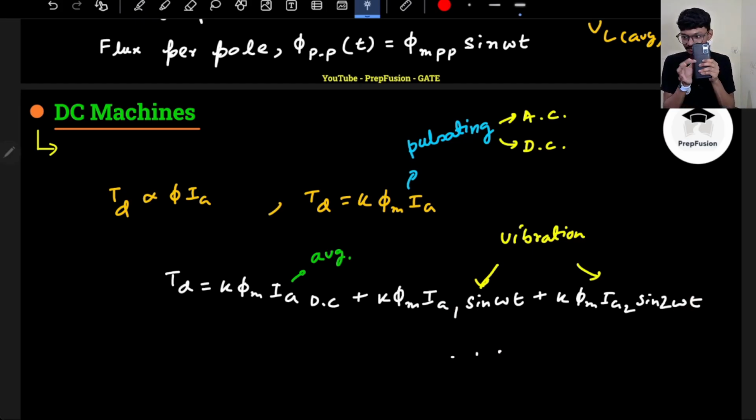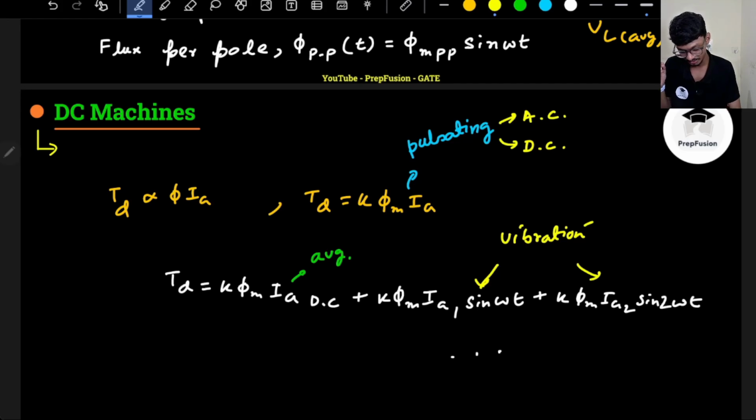Now this is a very small object, its weight will be hardly 200-300 grams. A machine will weigh at least 50 to 100 kg. Sorry, a machine can weigh up to 1 ton, 1000 kg.